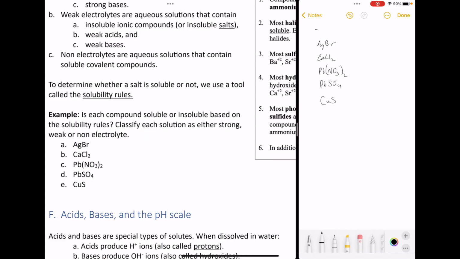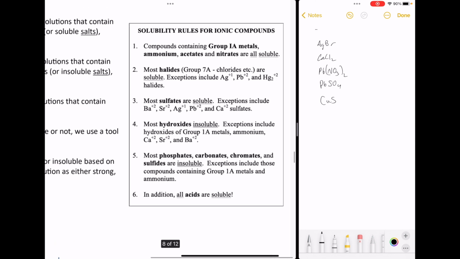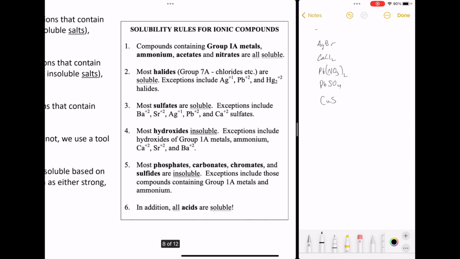So now we're going to look at using the solubility rules to help us classify whether a solution with one of the following solutes listed on the left will be considered soluble or insoluble. So the solubility rules are shown right here. I'll work through this on the right side to think through how to use these rules. So the first solution we're looking at is AgBr.